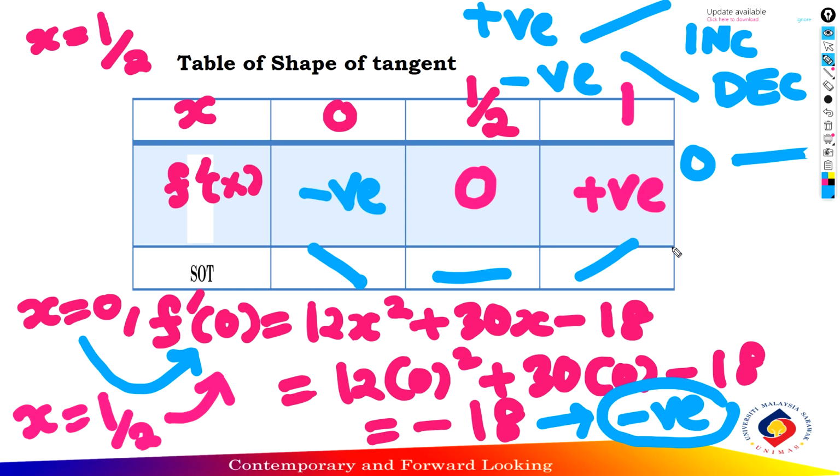Okay, when you combine the three shapes of tangent from the left: decrease, horizontal line, increase, so the stationary point is the relative minimum point.